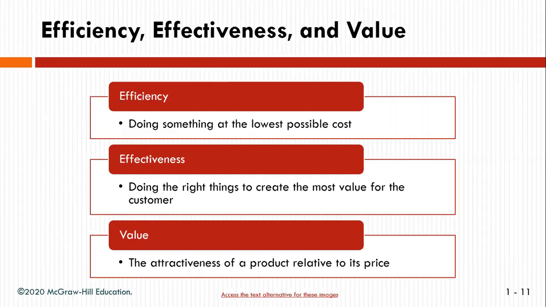And then the value is basically what we pay dollars for the value perceived for it. So the attractiveness of a product relative to its price. Sometimes if you're looking for something and you cannot find it, and you find it somewhere a little bit more expensive, you will take it because you value it so much. So these are three different things that you need to take into consideration.